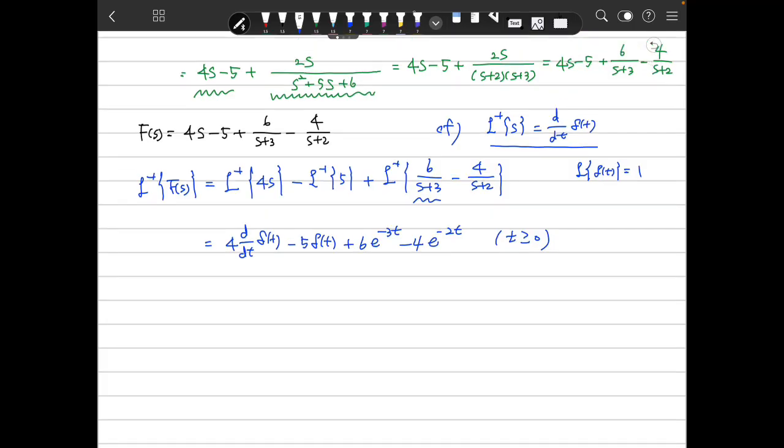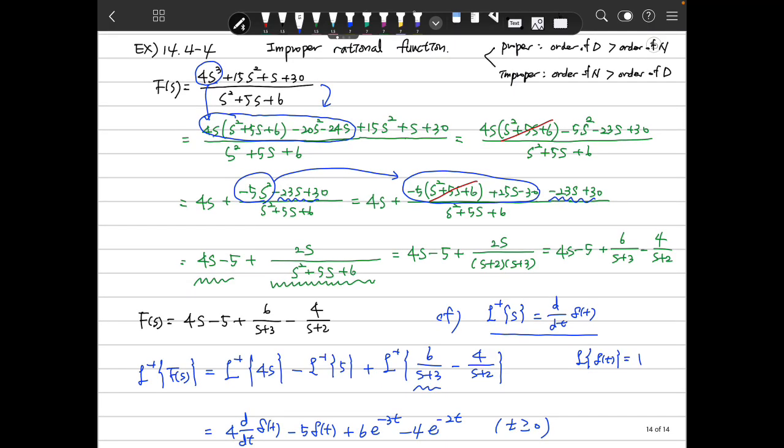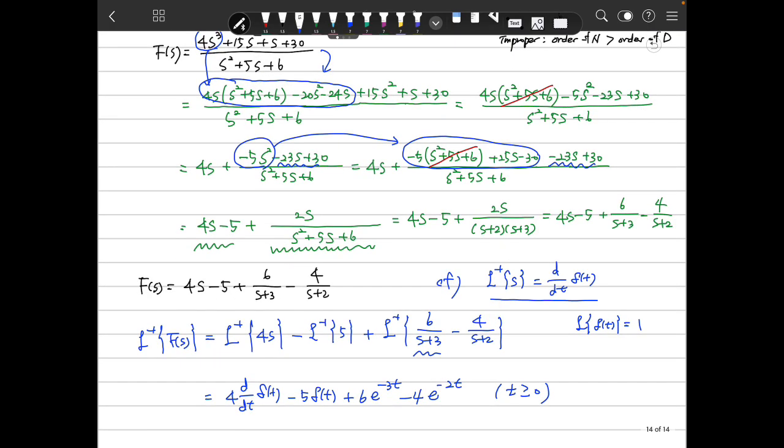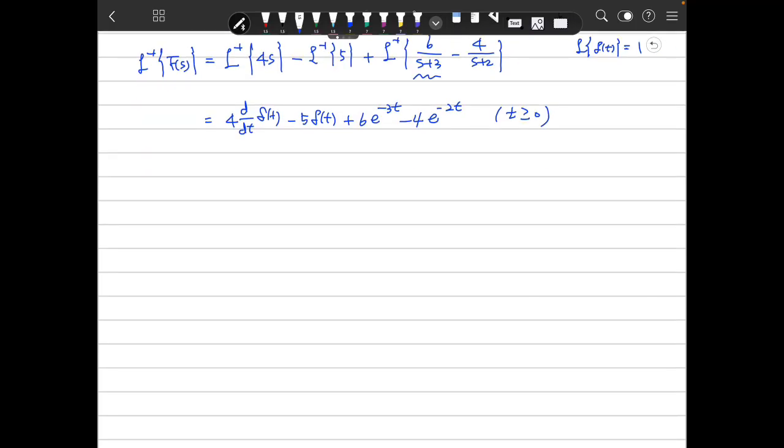So this is the way when the transfer function is improper: you divide it into proper functions and other terms. Then you can transform the Laplace function to the time domain.